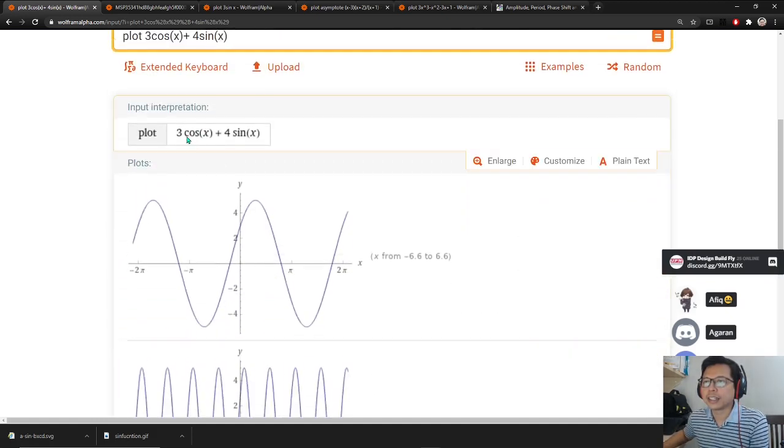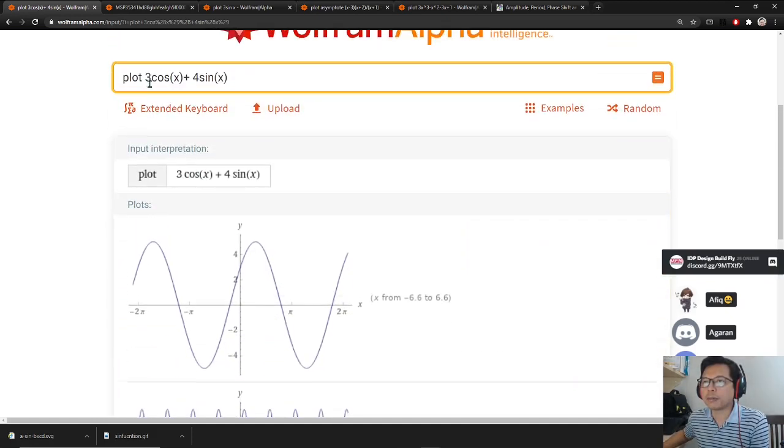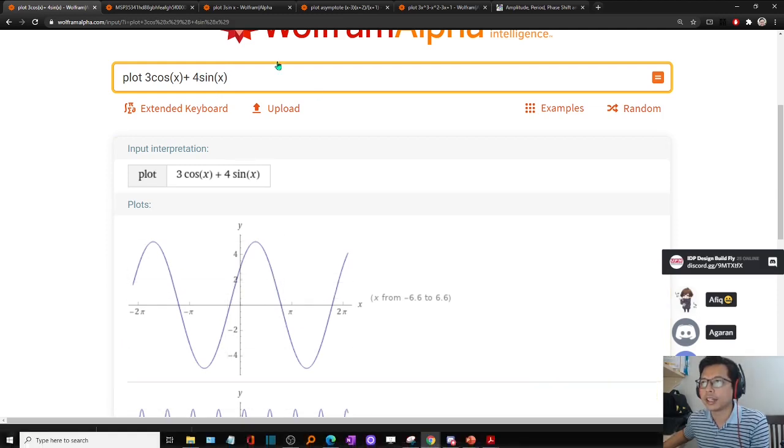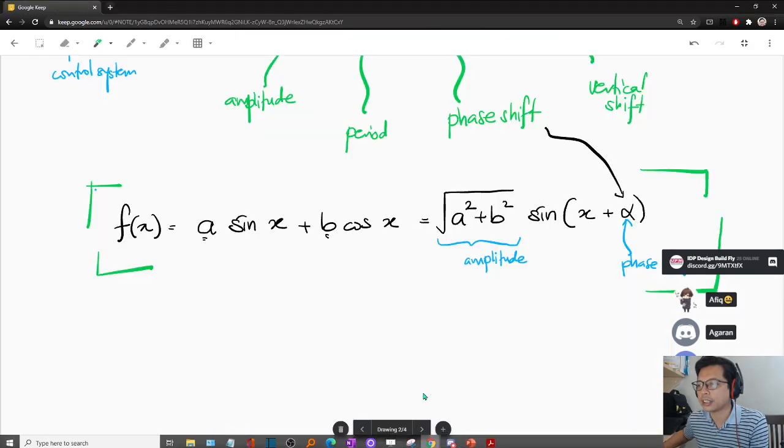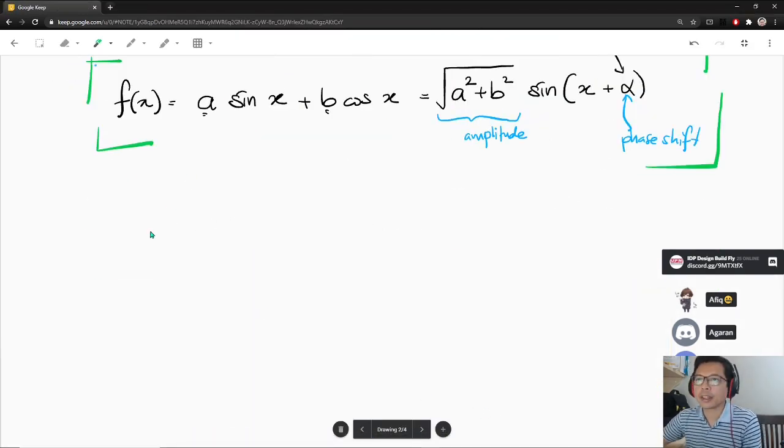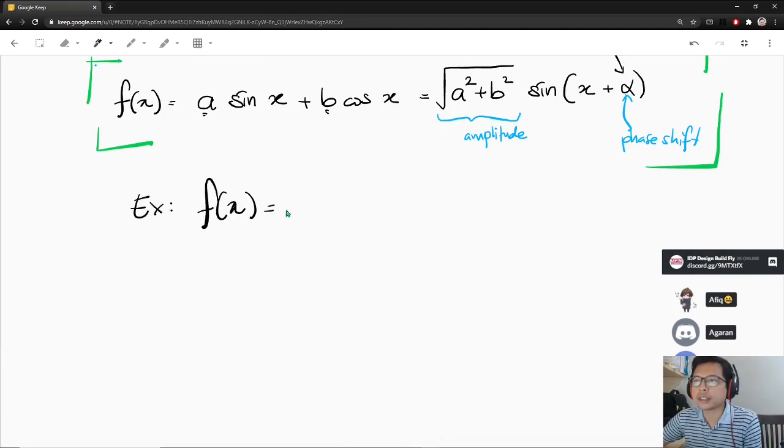Okay, so if you have 3 times cosine x plus 4 times sine x, it is going to look like that. Let's say our function f(x) is 3 cosine x plus 4 sine x.